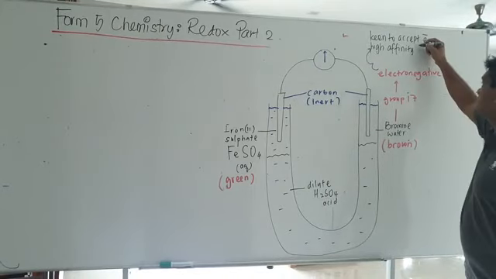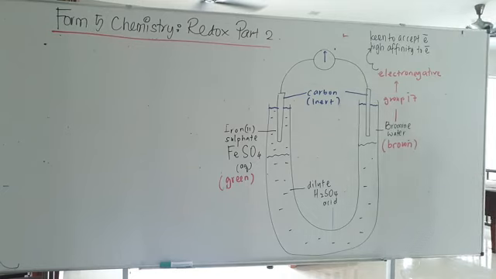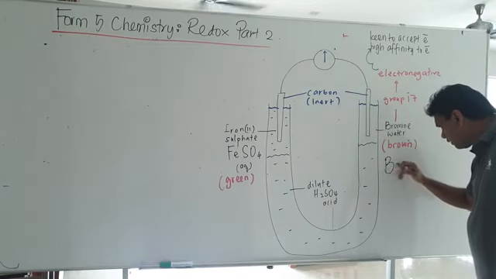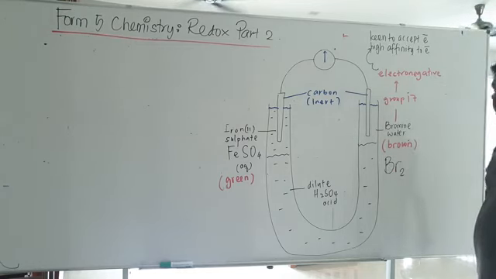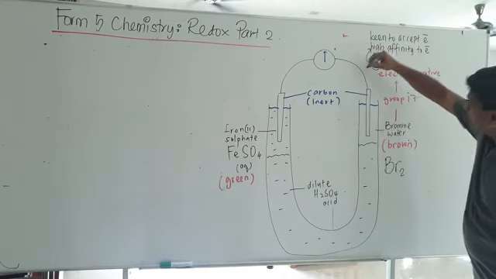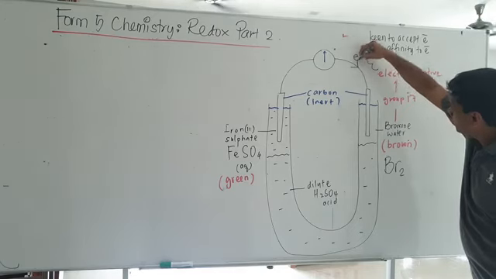High affinity for accepting electrons. That's what it means. Are you okay? So therefore we understand that this Br2, bromine water, is going to accept electrons, which means electrons are going to flow in this way.